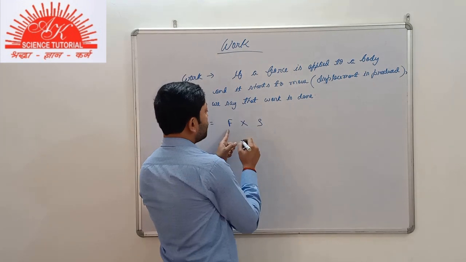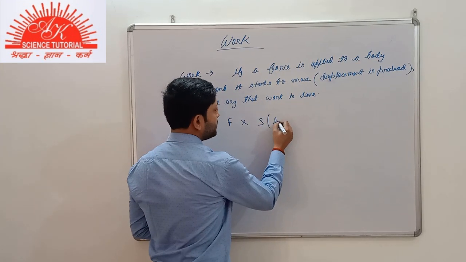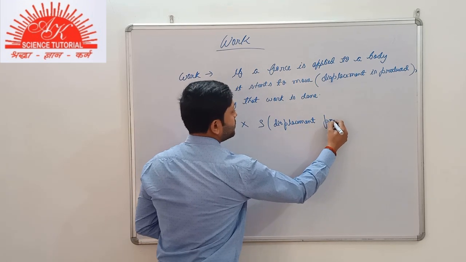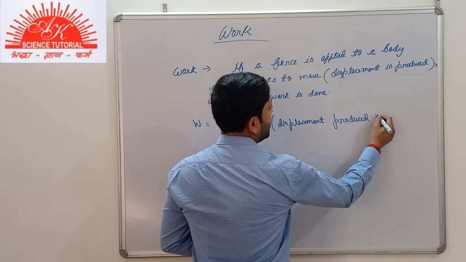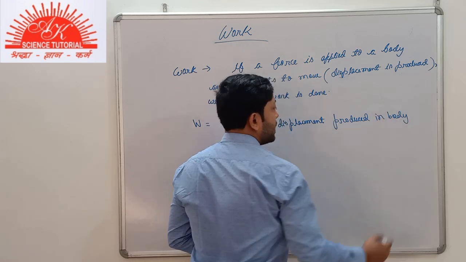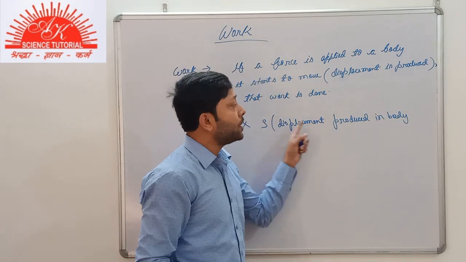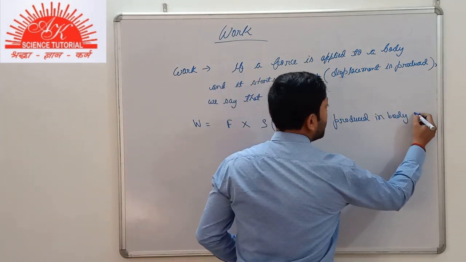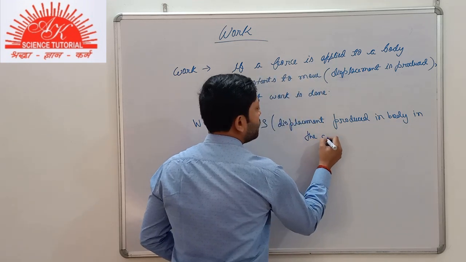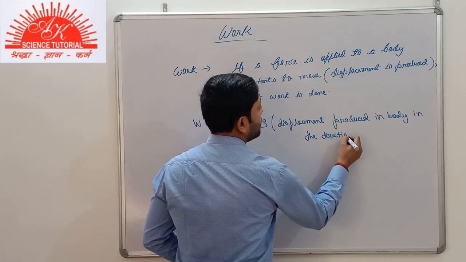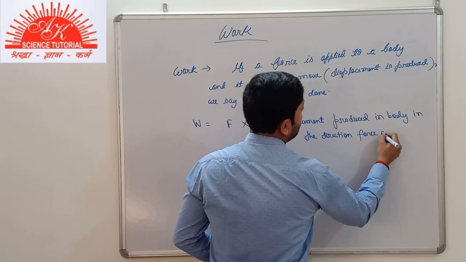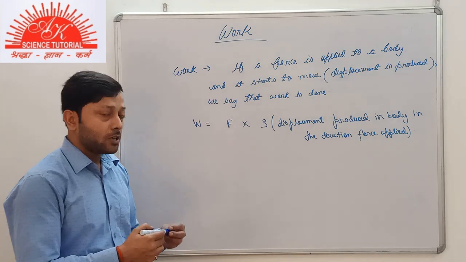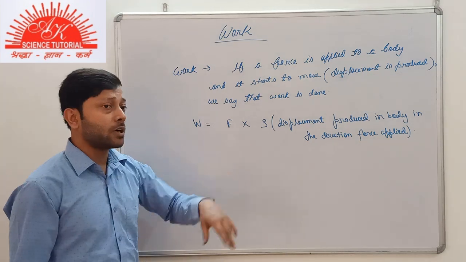The force will be multiplied by the displacement produced in the body. And the most important part, you have to mention the direction of the displacement. The displacement produced in the body should be in the direction of force applied. So this was about the definition of work.